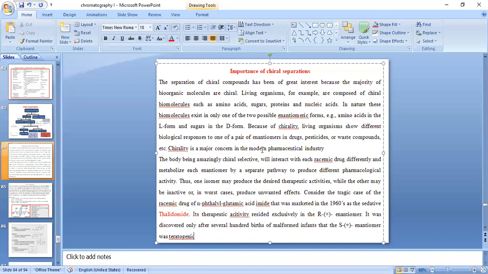So it is very important that we have a separation technique which separates the two enantiomers, so that we can find out the activity of each enantiomer in a drug molecule.